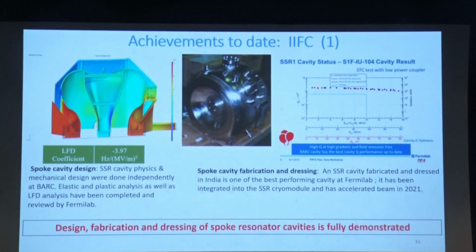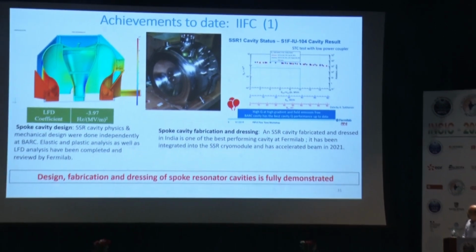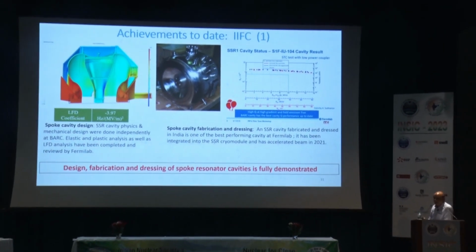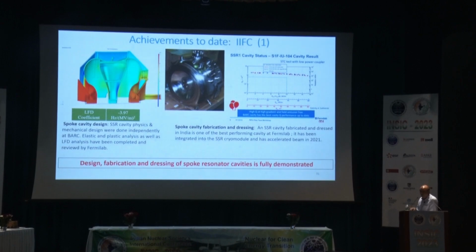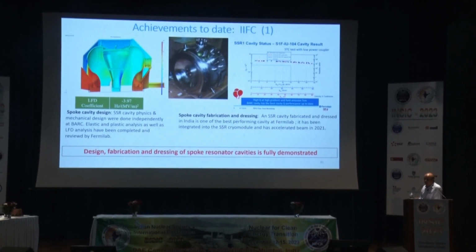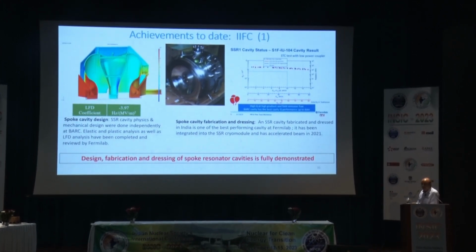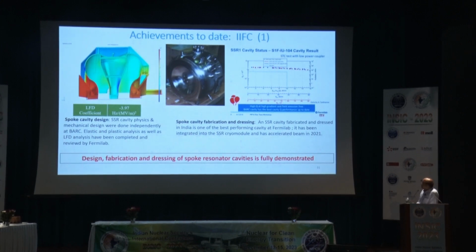Regarding superconducting cavities, we have completed the design, both thermal structural design and electromagnetic design of the cavity, which has already been reviewed by Fermilab experts. SSR cavity, superconducting spoke resonator cavity, has been fabricated in India and dressed in CDM BARC. This cavity has achieved the total gradient of 15 million volt per meter without any problem.